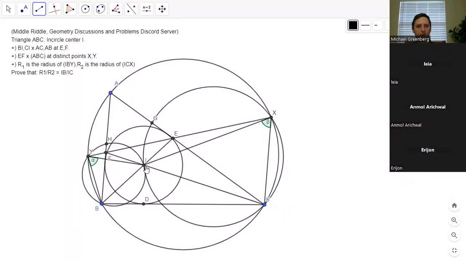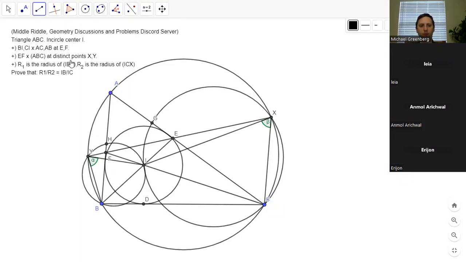Are there any congruent triangles? So HI. Okay, so we can equivalently show AH equals AG.